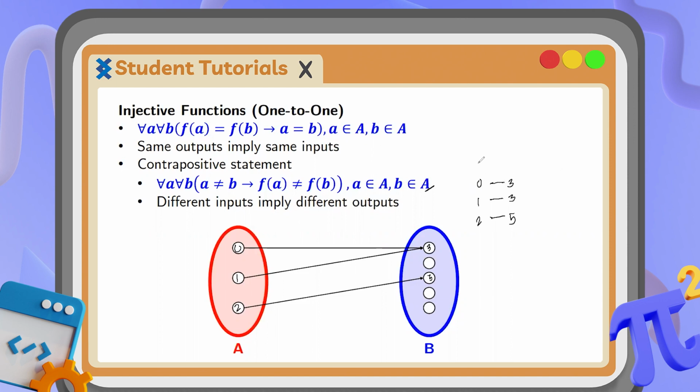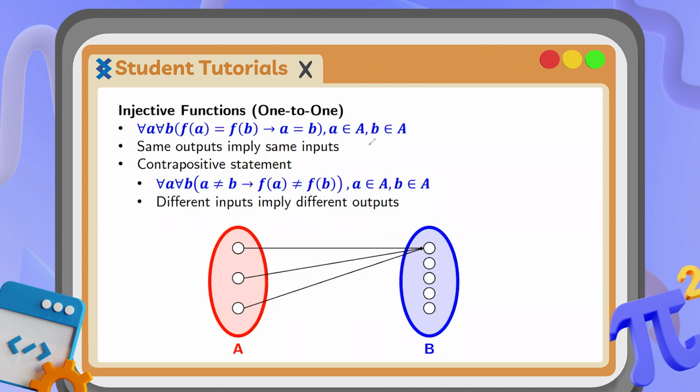Why is that so? Notice how 0 and 1 are different, which would make this correct, but they have the same output, which makes this false. So if this is true, and this one is false, with implication statements, something like this would result to false. Therefore, this function would not be injective, because two inputs share the same output.